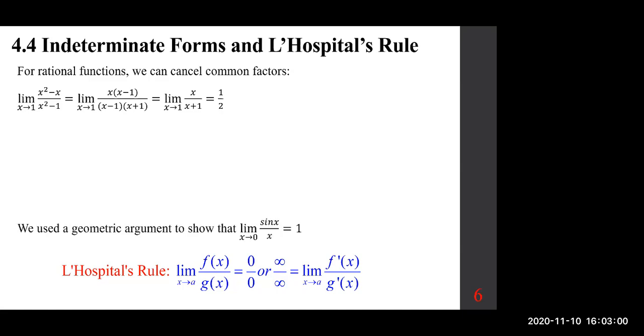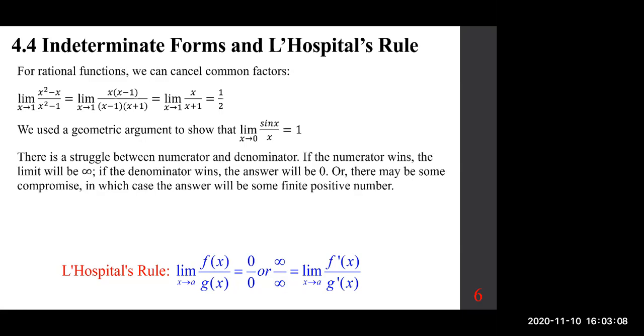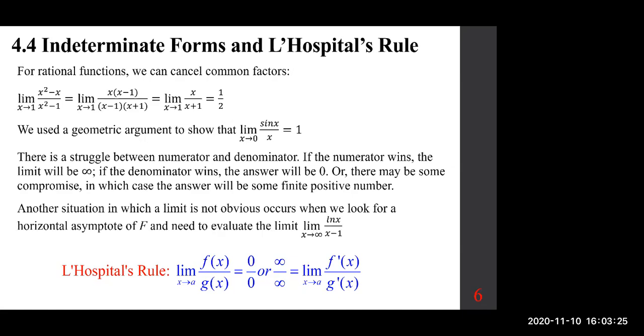In this case, we used geometry in conjunction with trigonometry. There is a struggle between the top and the bottom: which one approaches 0, which one approaches infinity, or some other number. That's the idea behind this method.